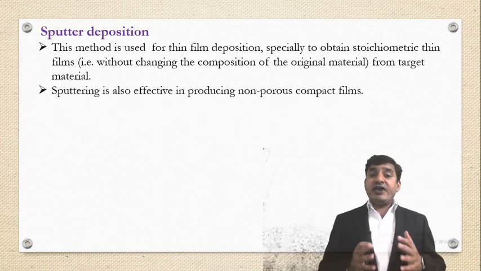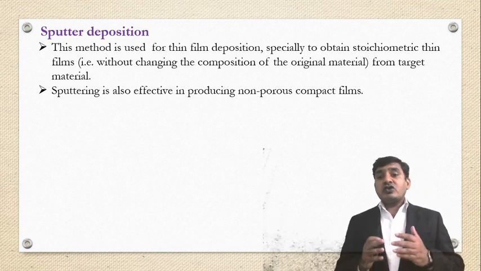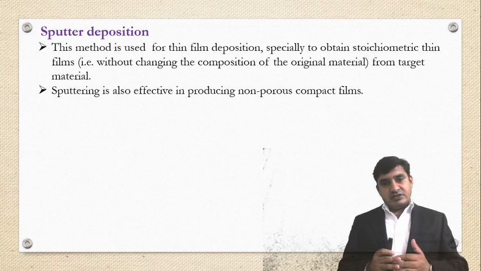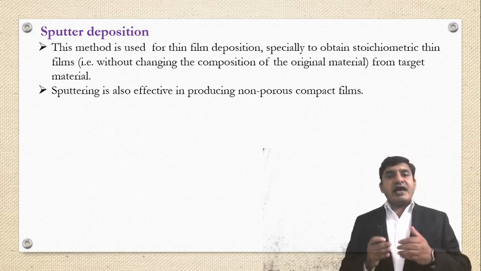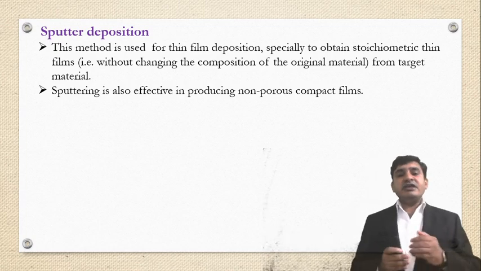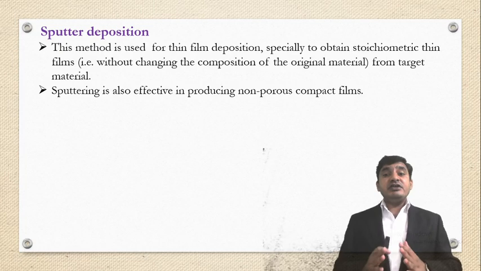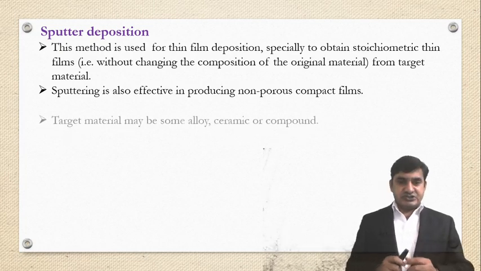Sputtering is effective in producing non-porous compact films. There is very good adhesion between the target material and the substrate, so the film is non-porous.